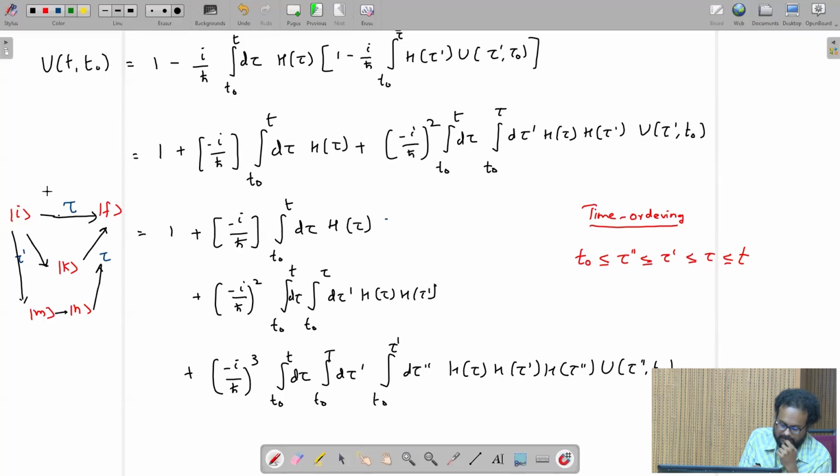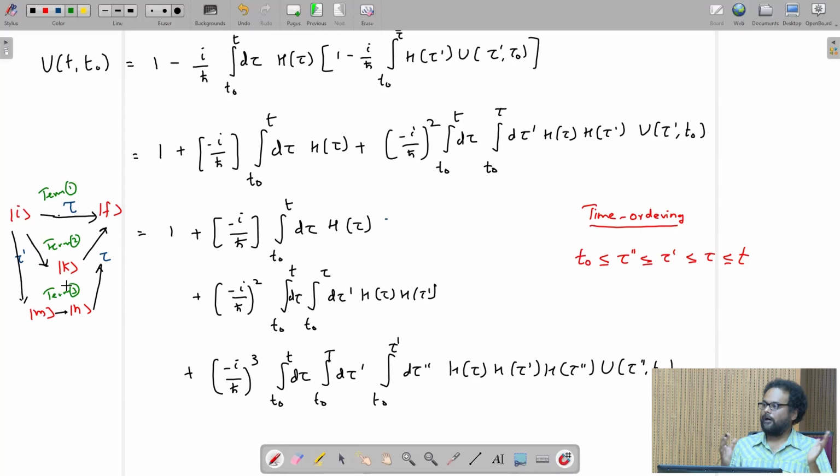So all of this is my term 1, this is my term 2, this is my term 3 in this iterative expansion. So basically this expression of U describes all possible pathways between my initial and final states.